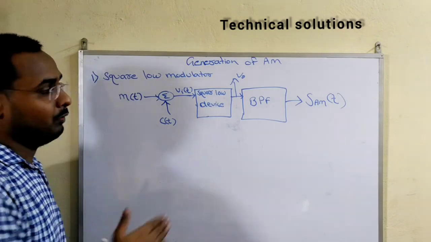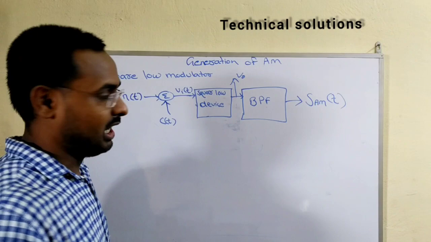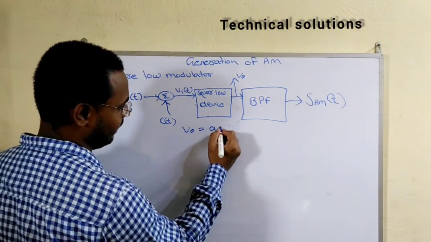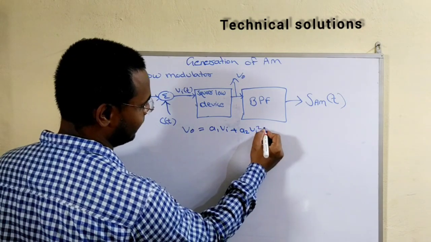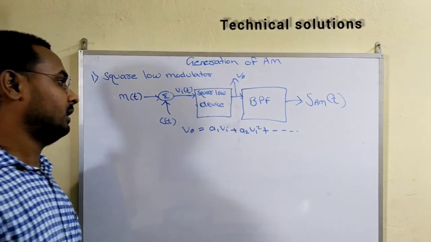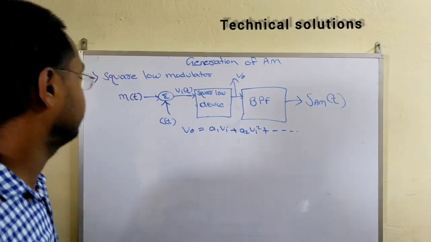Now the question is, what is a square law device? This is a device which has the property V0 is A1 VI plus A2 VI square plus and so on. This is the property of a square law device.